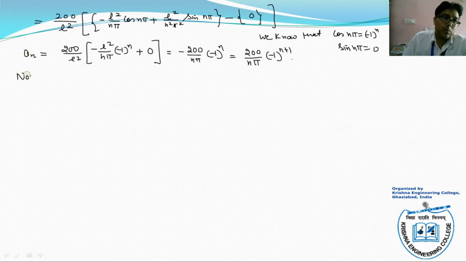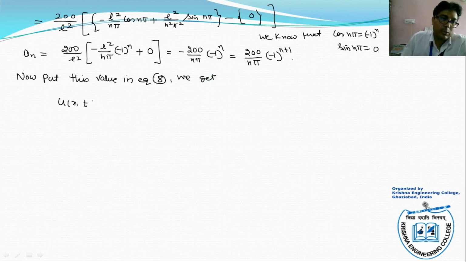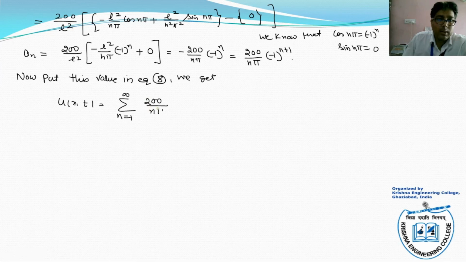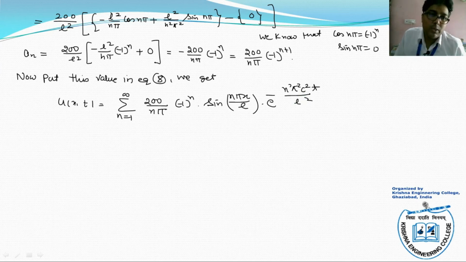This is the value of an. Now put this value in equation 8. We get u(x,t) is equal to summation n is equal to 1 to infinity, an is 200 upon n pi minus 1 to the power n plus 1, into sin(n pi x by l) into e to the power minus n square pi square c square t upon l square. Clear? This summation totally depends on n.